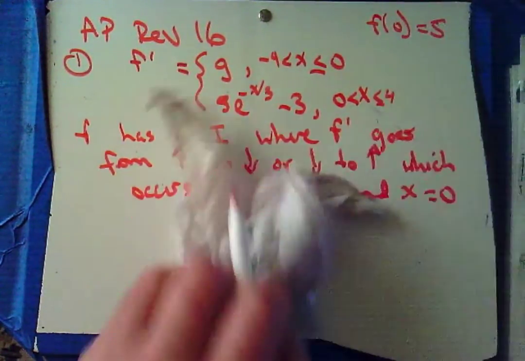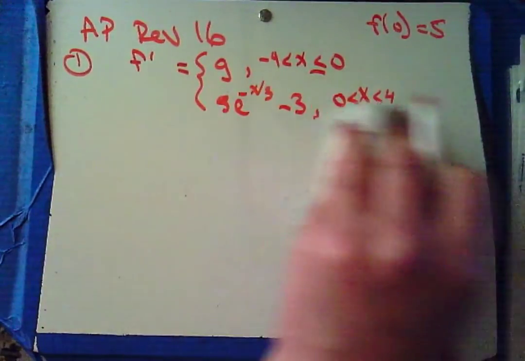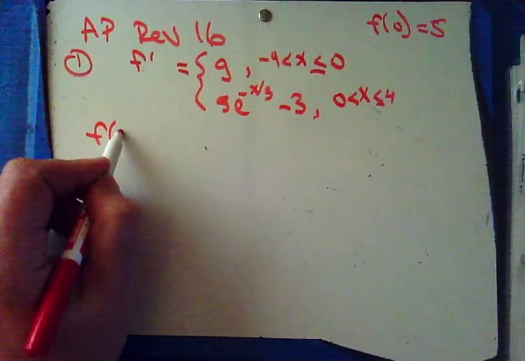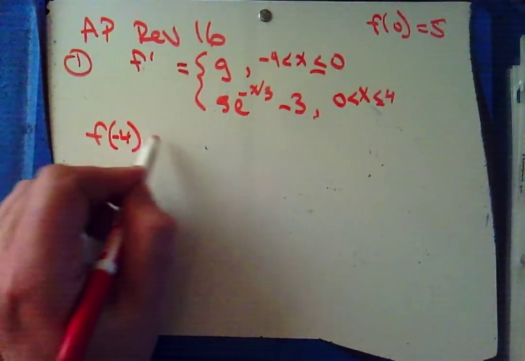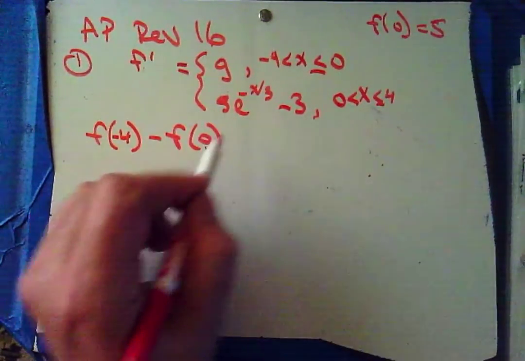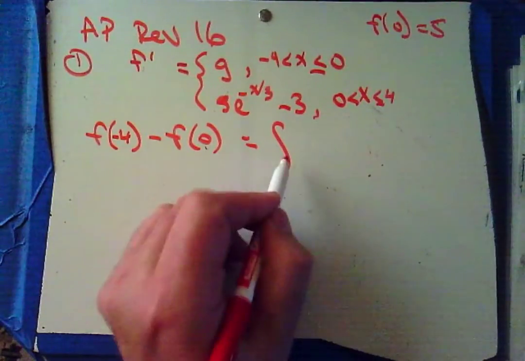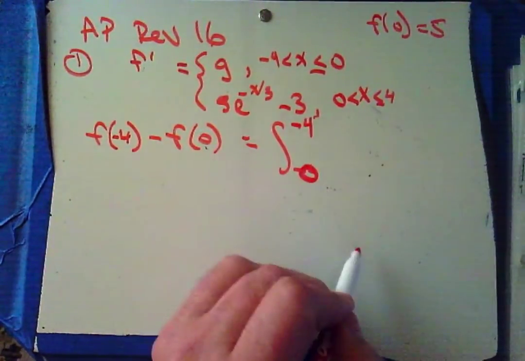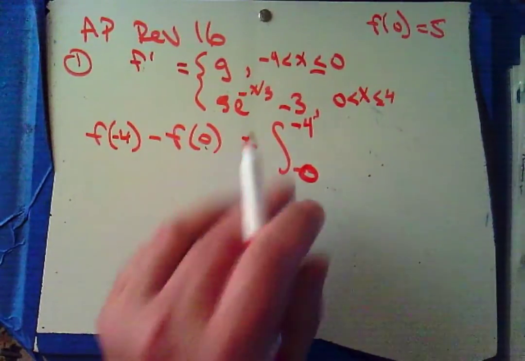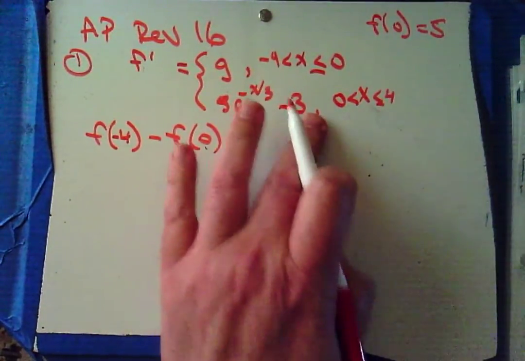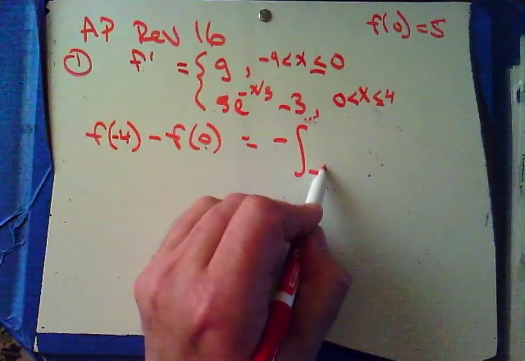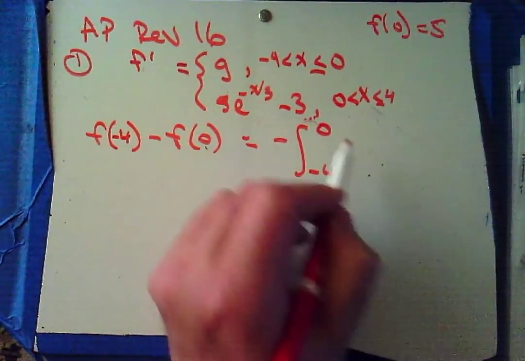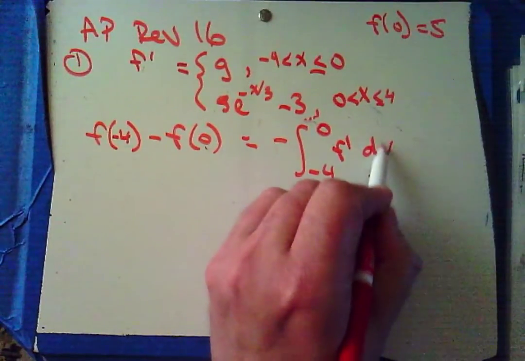Well, let's start with f of -4. They gave us that one first. And they've given us f prime, so I know that f of -4 minus f of 0 equals the integral from 0 to -4. Well, I don't really like that. So I'm going to pull out that negative and do -4 to 0 of f prime dx.